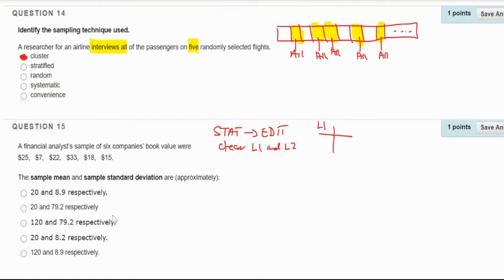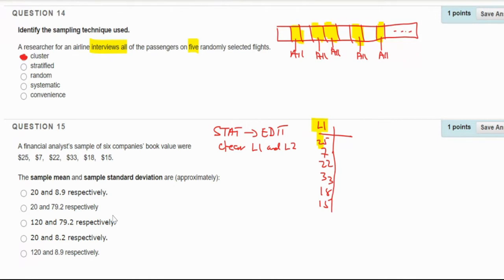You know how to clear? Take your arrow there, press clear, press enter. That will remove everything. Then plug in these values under L1: 25, 7, 22, 33, 18, and 15. Put those numbers there.